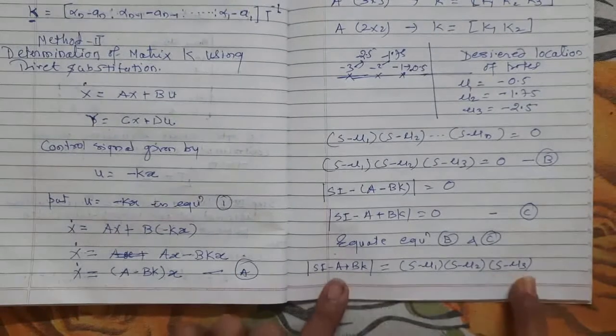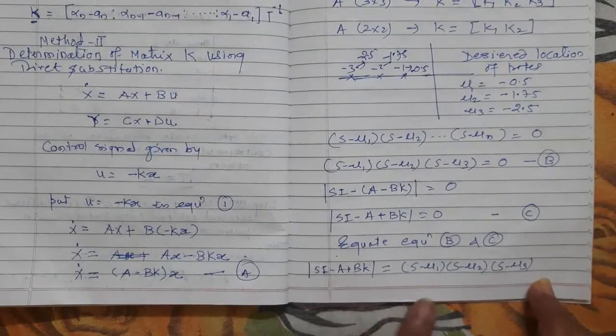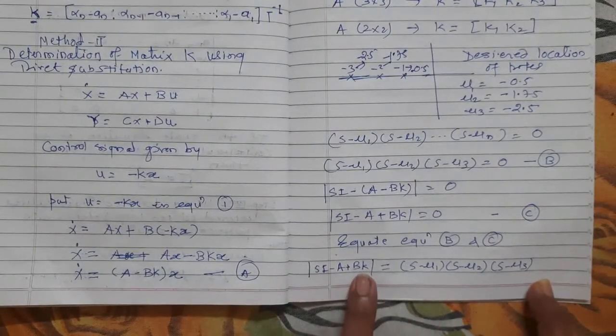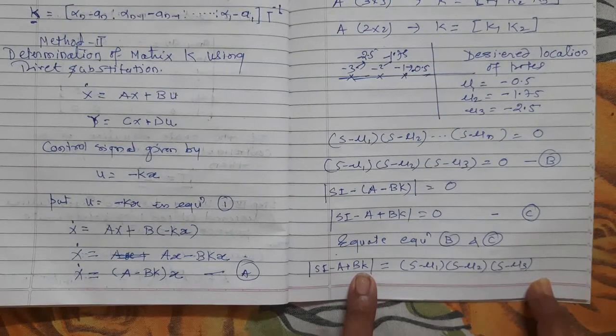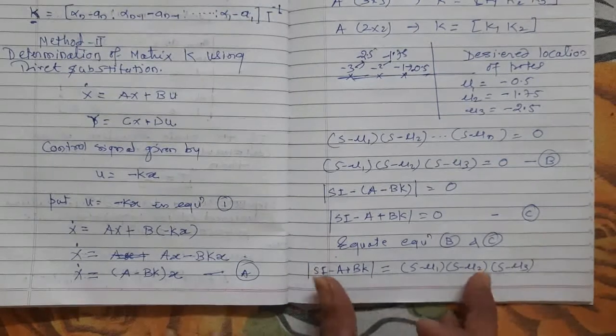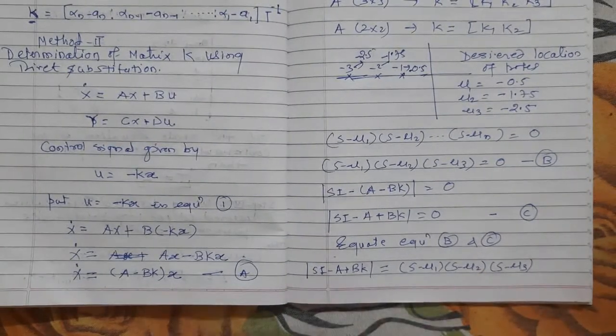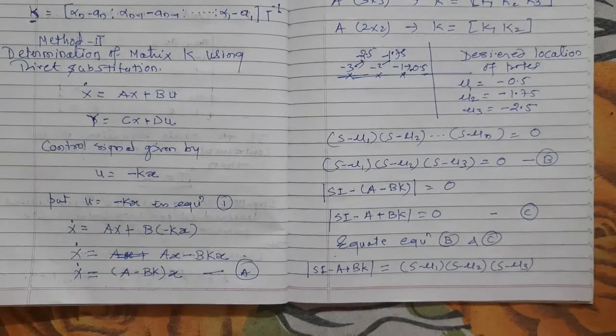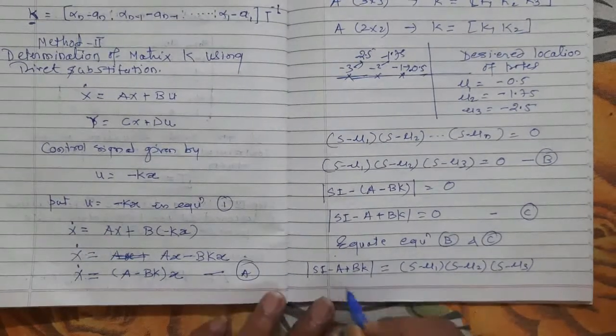We will equate the terms with these, and we will get the values of k1, k2 and k3, because k1, k2, k3 will be unknown here. If we equate these two, we will get the values. Okay, so this is our second method.